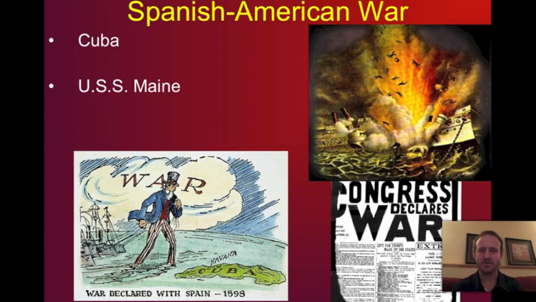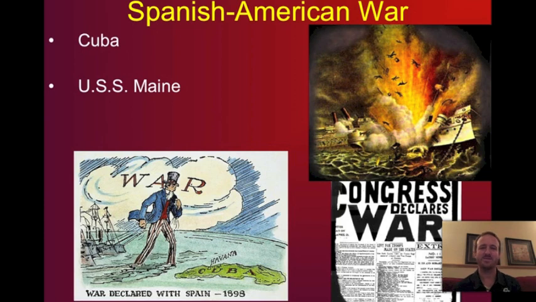It's an American ship. It is sunk off the coast of Cuba, and the yellow journalism that exists during the time really promotes the sinking to be an attack by the Spanish on Americans. Okay. Whether that's true or not, you'll end up doing some research on that and finding out for yourself.